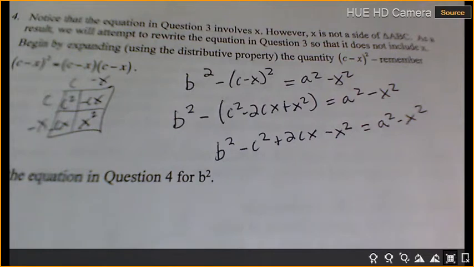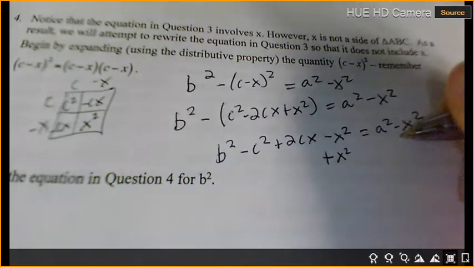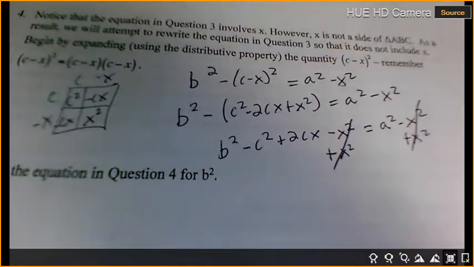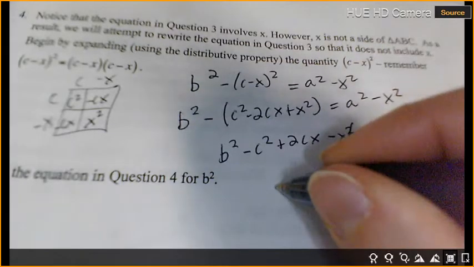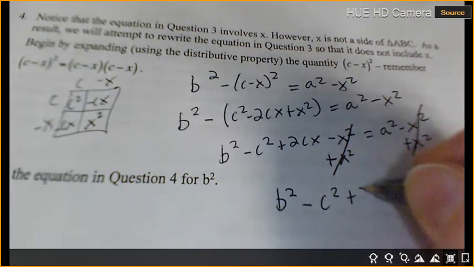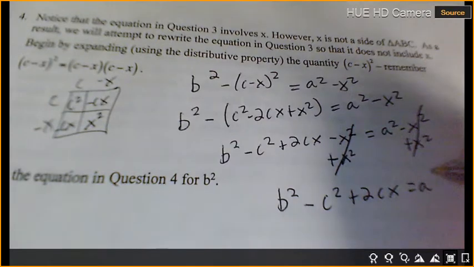Could I move one of the x squareds to the other side? Yeah. Okay, so I'm going to add x squared and x squared. What does that do? 2x. Nope. A negative x squared plus an x squared is nothing. They cancel out. So I now have b squared minus c squared plus 2cx equals a squared.